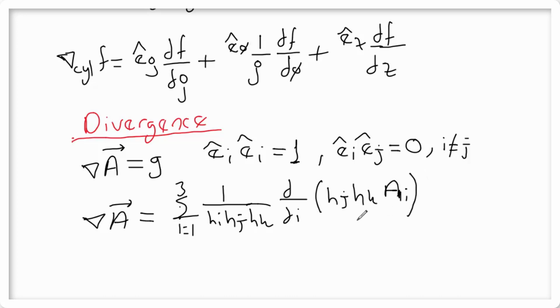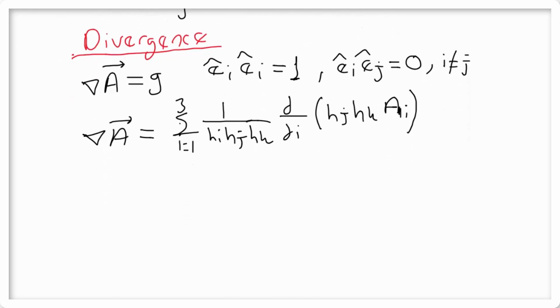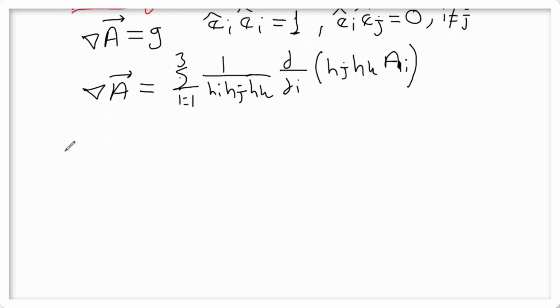Now I'm writing again for cylindrical coordinates. I write it by expanding the sum as follows: 1 over h rho h phi h z, dl divided by dl rho.